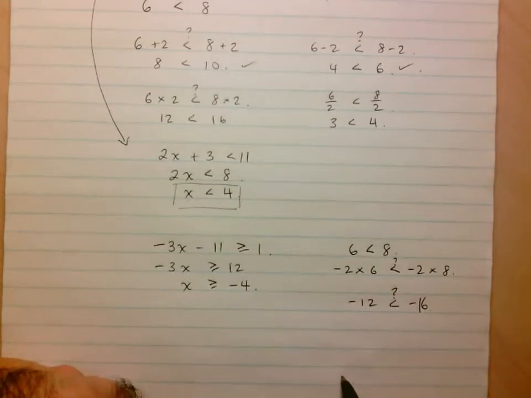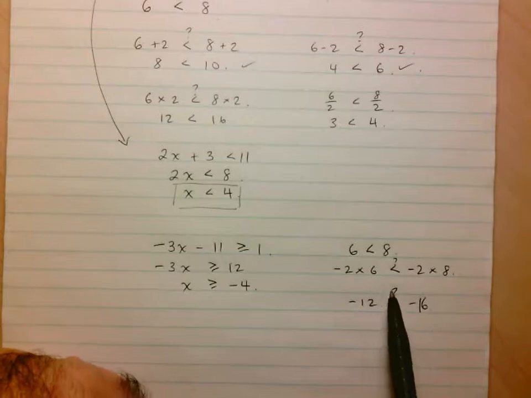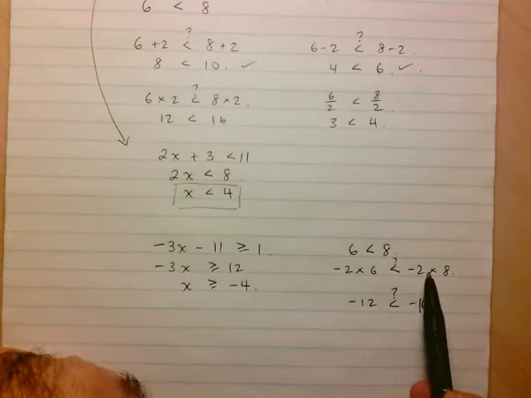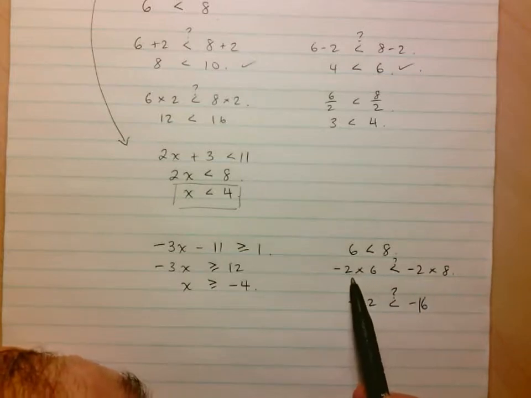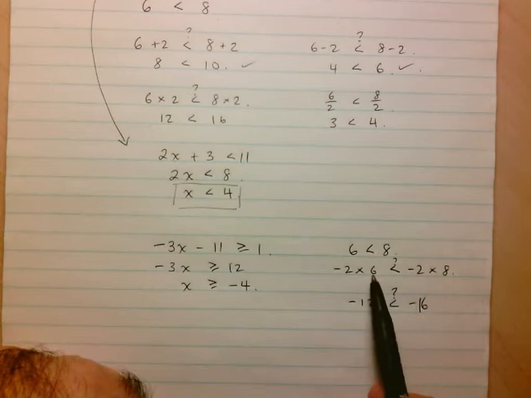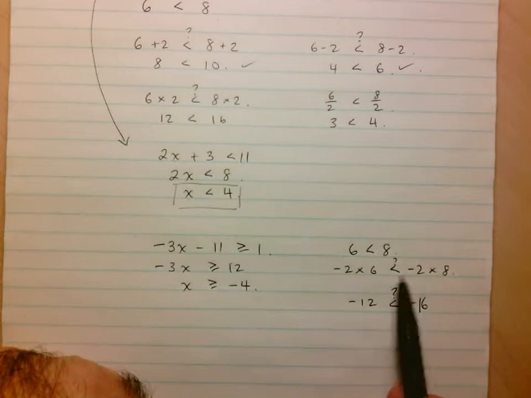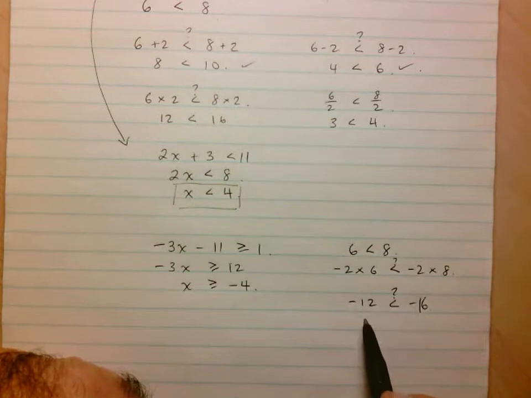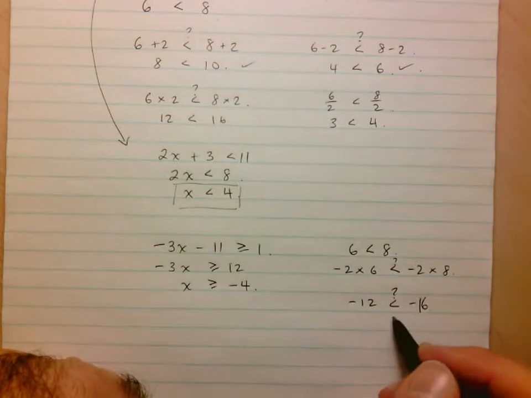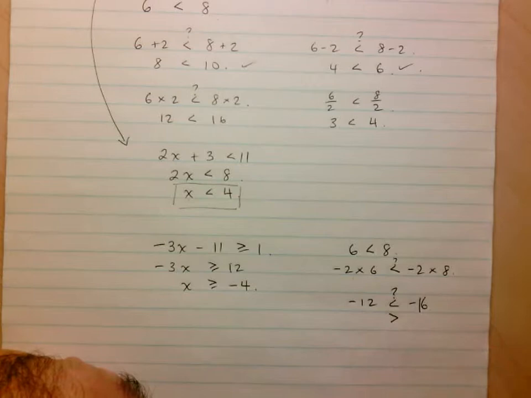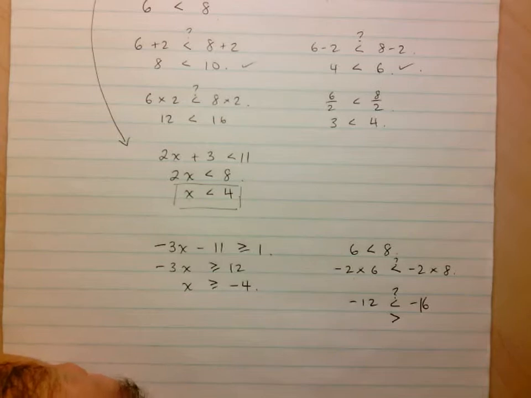I have to be careful here, because while we are increasing the absolute value of the left and right by a factor of 2, by making it negative we now have the opposite scenario. Here negative 12 is greater than negative 16. So there's a little hiccup in our procedure, but it's easily fixed.